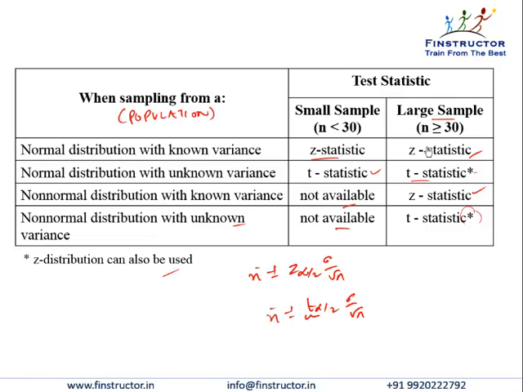So for large samples you can use the normal distribution generally. Some places it is advised to use the t, but even a normal assumption would do. For normal distribution with unknown variance and small size, you should use the t-statistic. The exact application of the t-statistic is very similar as the z-statistic. The values you don't need to remember.